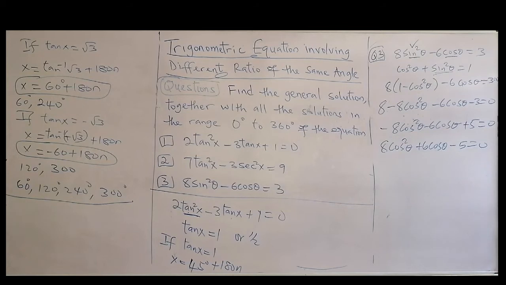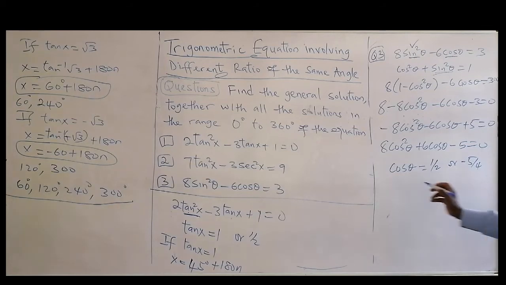Then this is a quadratic expression in form of cosine. So then we can get cos theta, just put the coefficients in your calculator. Cos theta equal to half or minus 5 over 4. So these are the two values we have.